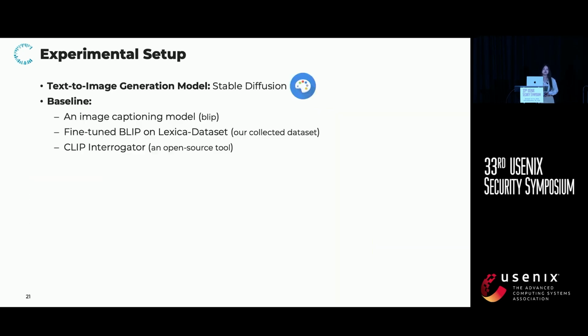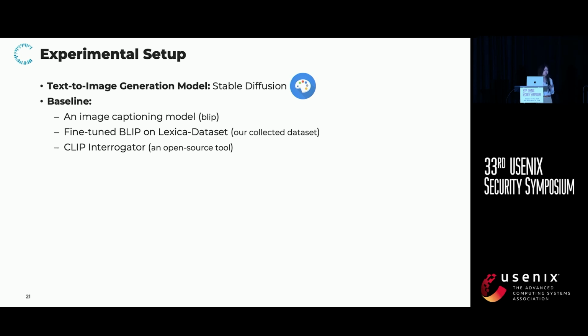Yeah, and now we move to the experiment part. We use Stable Diffusion for most experiments because it's free. And we consider three methods as the baselines. They are an open source image captioning model, BLIP, a fine-tuned image captioning model, and also the CLIP Interrogator. During our experiments, we actually found it extremely hard to measure the similarity of the images and the prompt, because it's not pixel level differences, right?